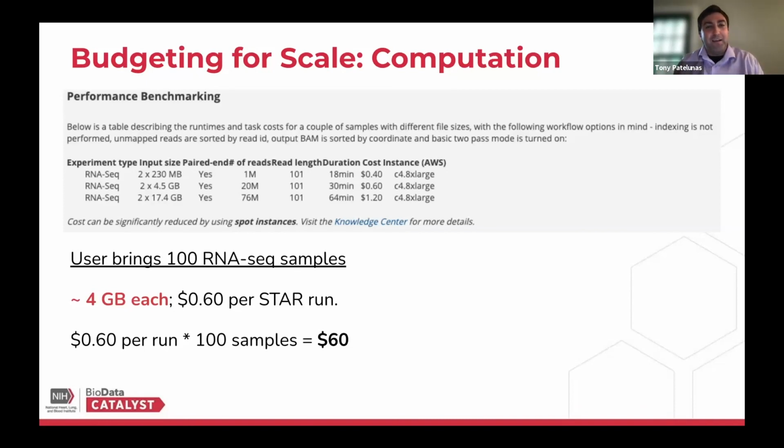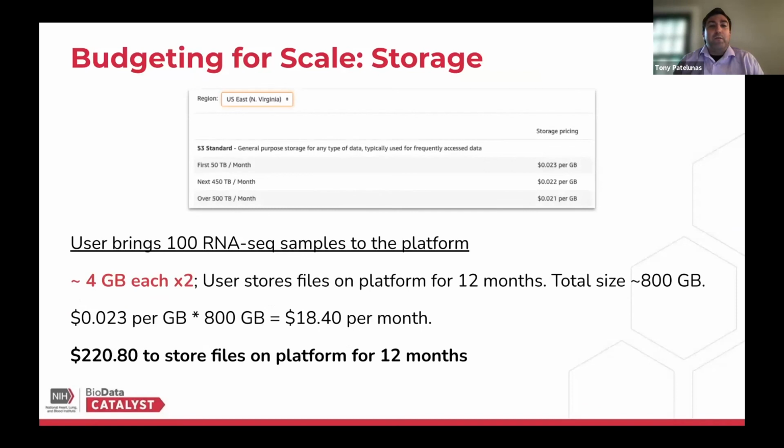If we go to the next slide, we have a matching calculation for storage here. So those same samples, we have 100 RNA-seq samples. They're 4 gigabytes per file times 2 for paired end reads. You want to save them on the platform for 12 months. And so that's going to be 800 gigabytes saved for 12 months. Again, basic math, this is AWS.